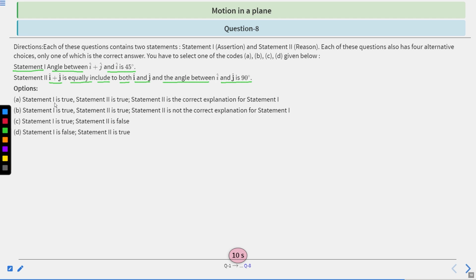Option A: statement 1 is true, statement 2 is true, and statement 2 is the correct explanation for statement 1. Option B: both true, but statement 2 is not the correct explanation. Option C: statement 1 is true, statement 2 is false. Option D: statement 1 is false, statement 2 is true. Which one is correct? You have 10 seconds to solve this question. After 10 seconds, we will provide the solution.